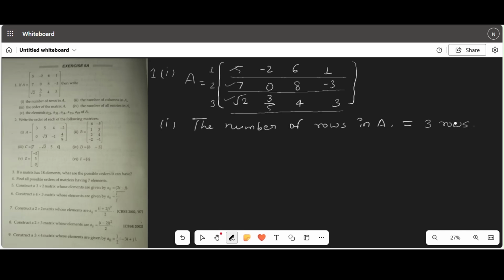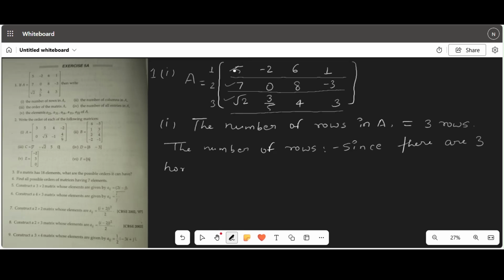If you want to write in theory pattern in your exam, you can write: the number of rows, since there are three horizontal lines. This is called horizontal and that's called vertical.